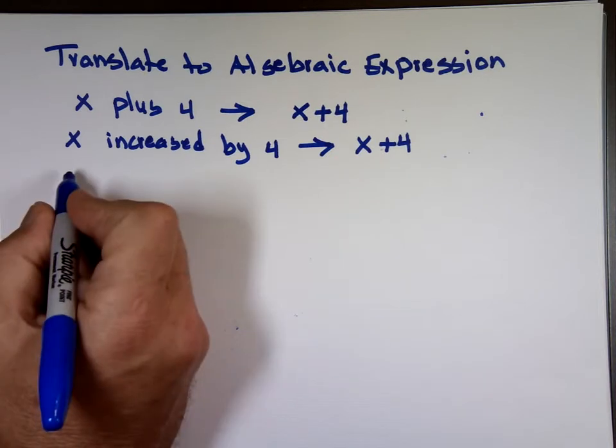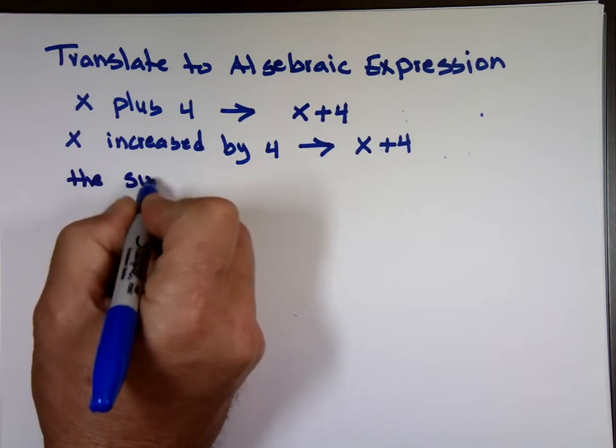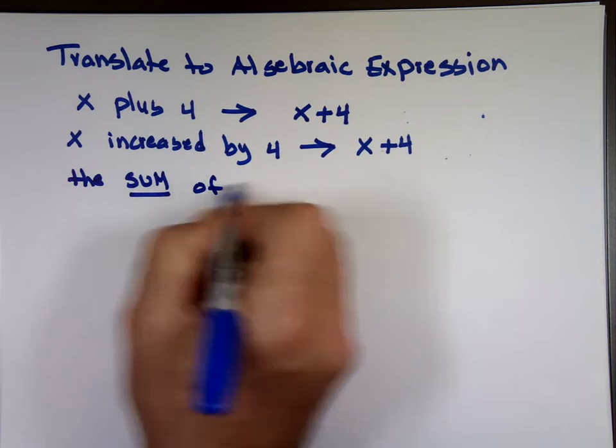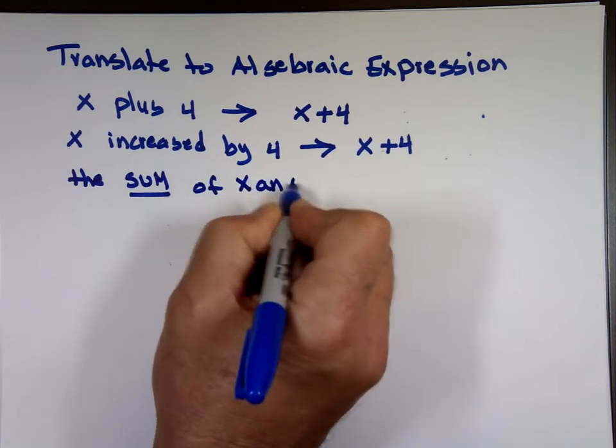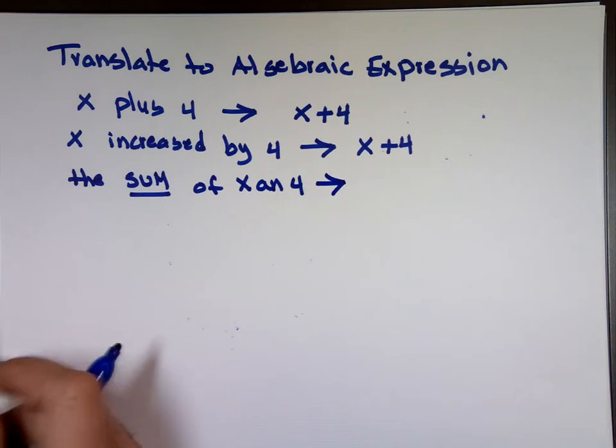Let's go back to chapter 1. In chapter 1, we said the word sum, the sum of x and 4. The word sum means what? Addition.